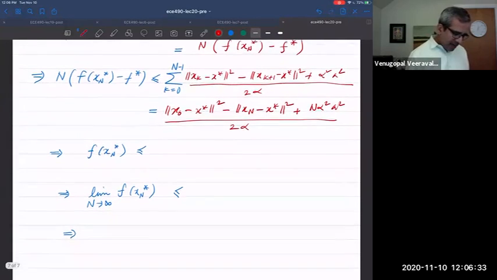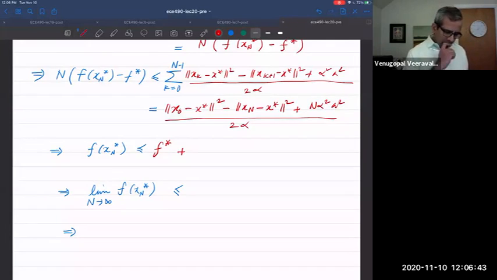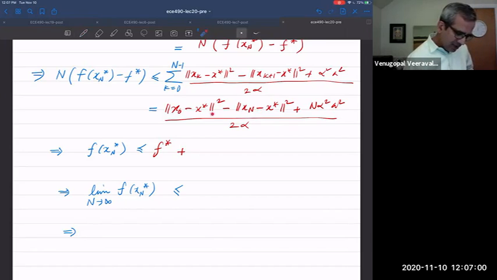Now if I divide by n and take f star to the right-hand side, I get that this is less than f star plus, well, xn minus x star squared is negative, so I can upper bound by removing this term. All I'll be left with is x0 minus x star squared divided by 2 alpha n.